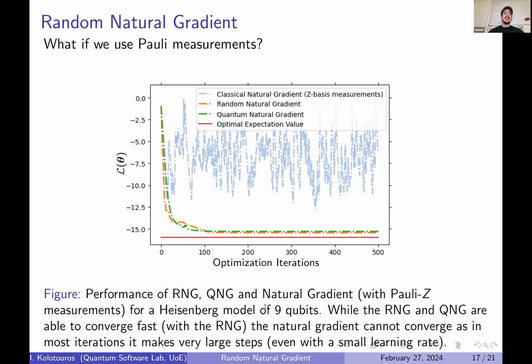We saw that this doesn't work because the Pauli measurements do not encapsulate the information that is hidden in the quantum state. So you're missing a lot of information, which makes your optimization not converge. As you can see here, the classical natural gradient with measurements on the Z basis performs really badly. It's actually doing random moves and never converges.